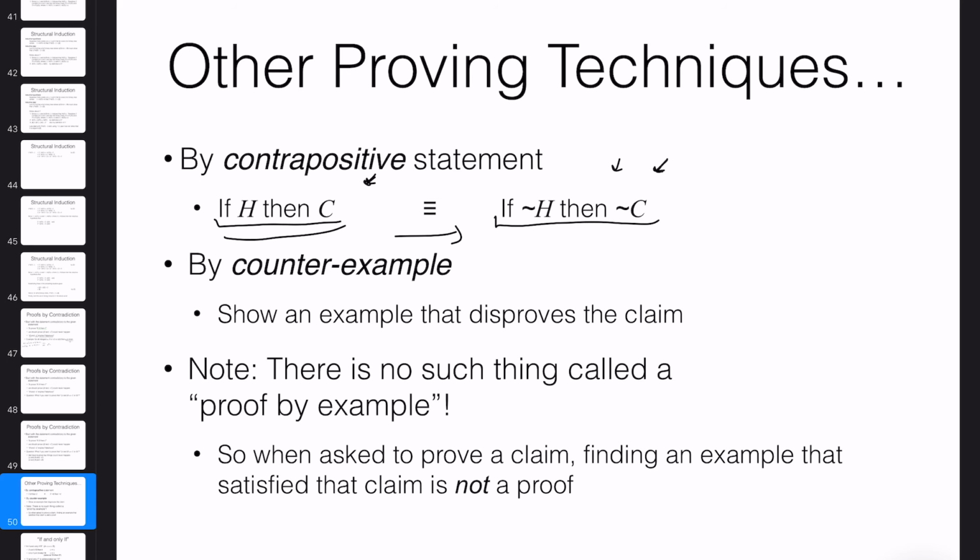And the other proof is by counter-example, where someone claims something and you want to say that no, this statement is not true, it is false, so you find a counter-example and show that your claim is not correct. But be careful, we don't have any proof by example. If you want to prove a statement, it's not enough to just write down some example.